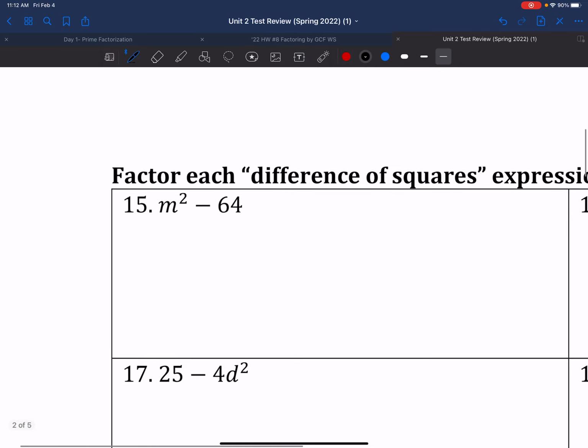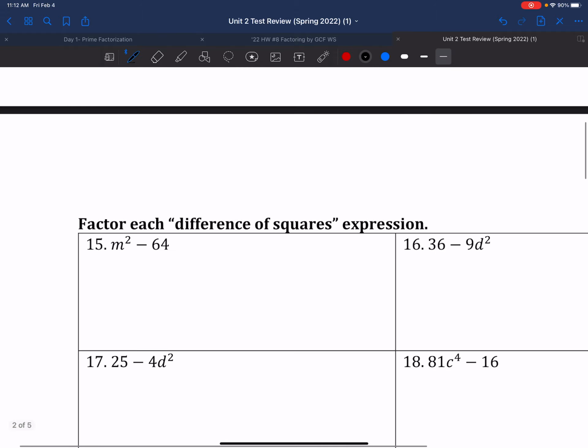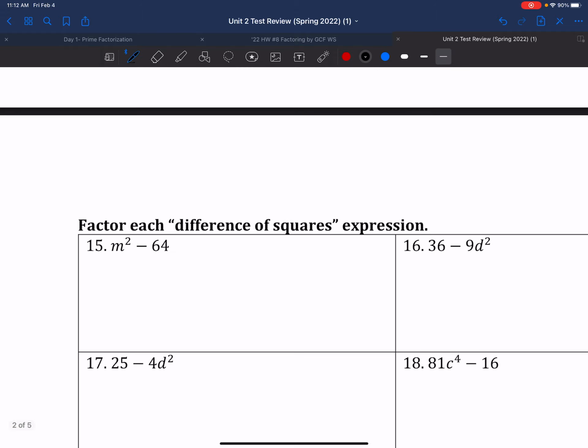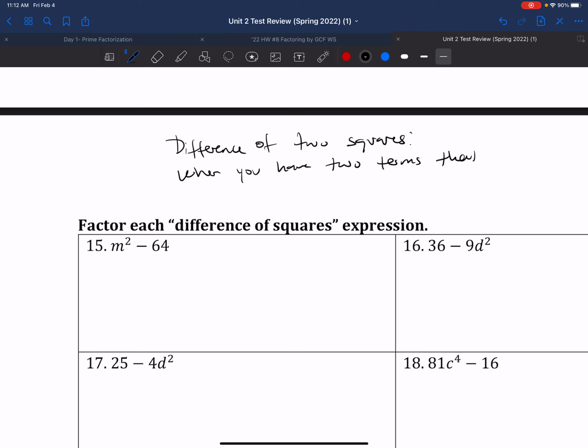Okay? Alright, factor each difference of squares. So, a difference of two squares is when you have two terms that are both squares and there's a minus sign in between.